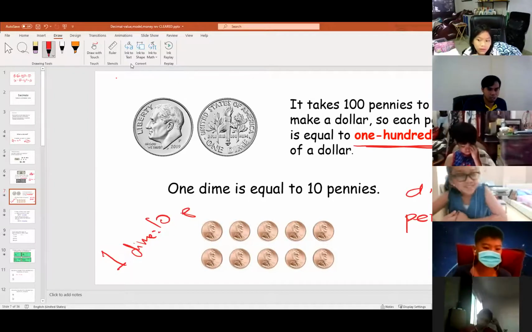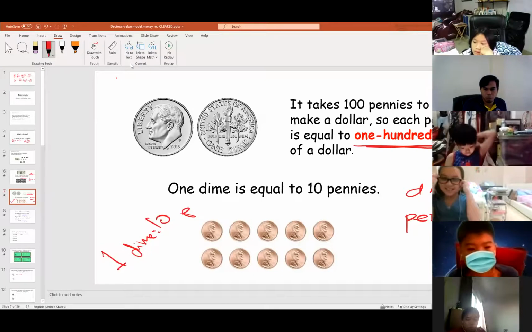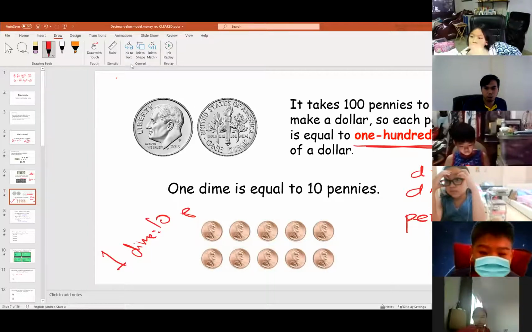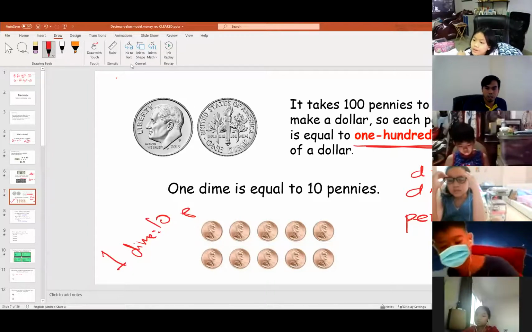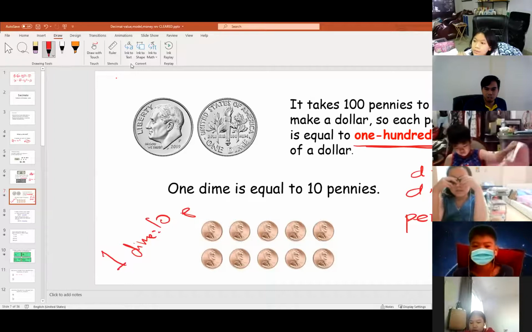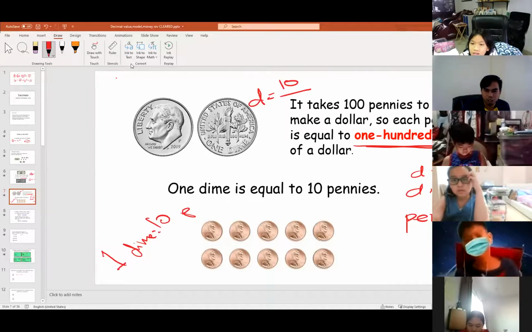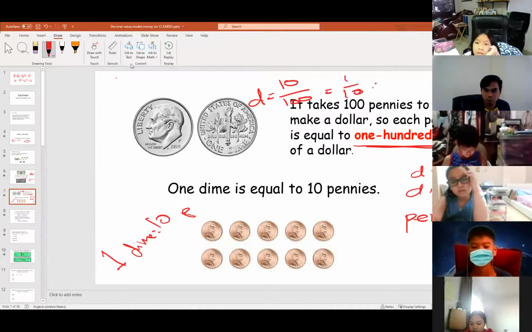0.1 is for dime, okay? It's a bit confusing, right? Let me say it again. For dime, you need 10 of each to make $1, which is equivalent to 1 over 10 or 0.1.